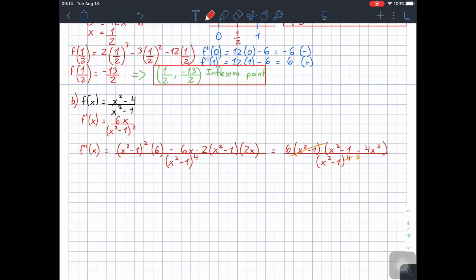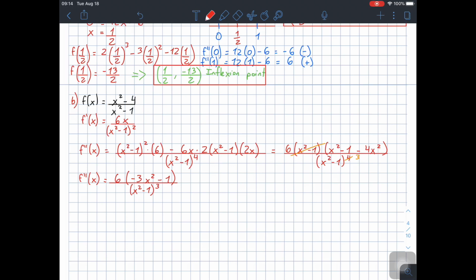So if we keep on working a little bit with this, we're going to have 6 times negative 3x squared minus 1 divided by x squared minus 1 cubed.